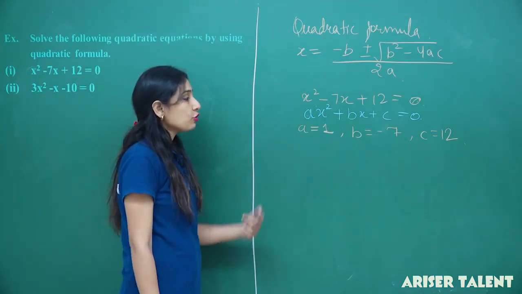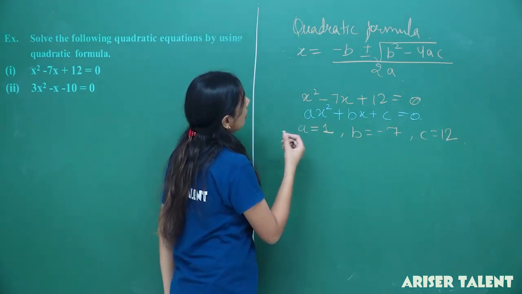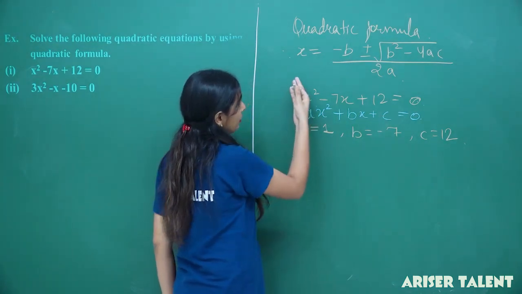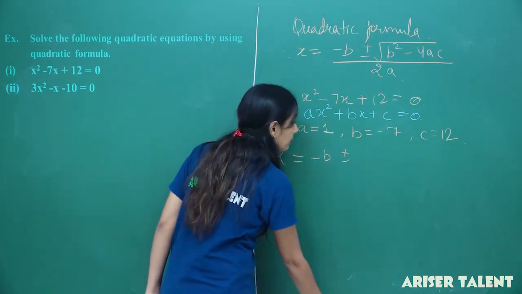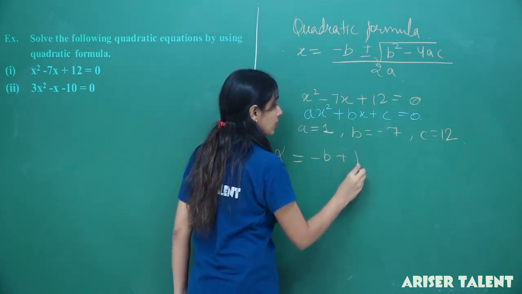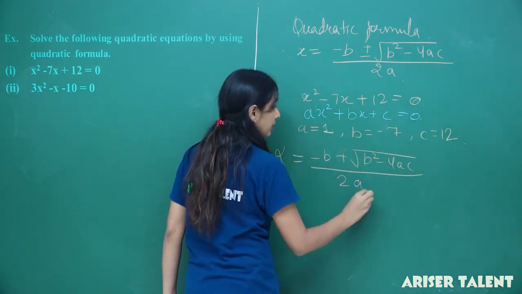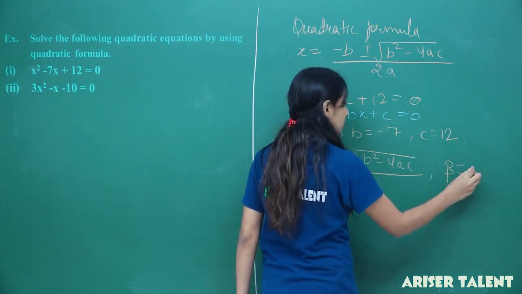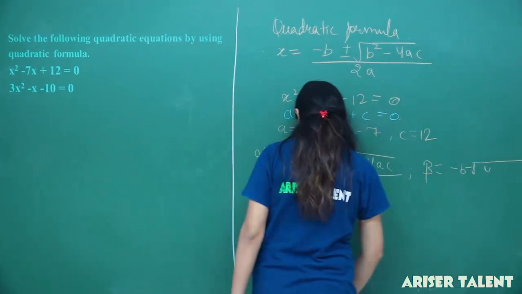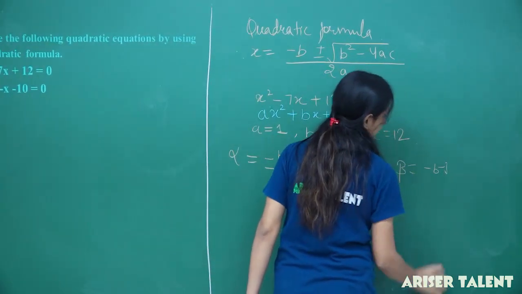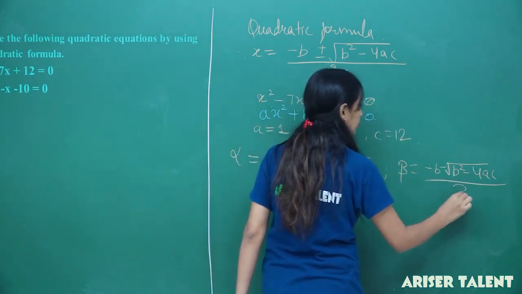Now, I can just put the values here so that I can have the values of alpha and beta. Alpha equals to minus b plus root b square minus 4ac upon 2a, and beta equals to minus b minus root b square minus 4ac upon 2a.